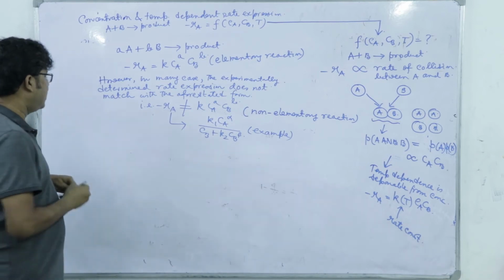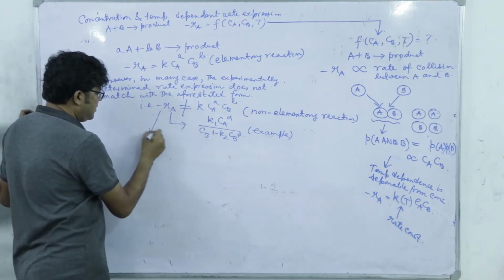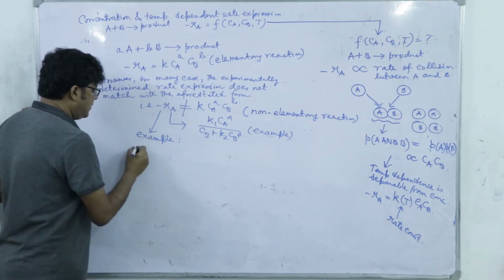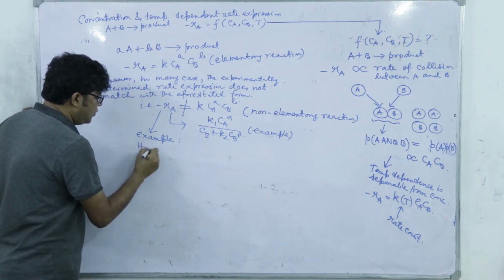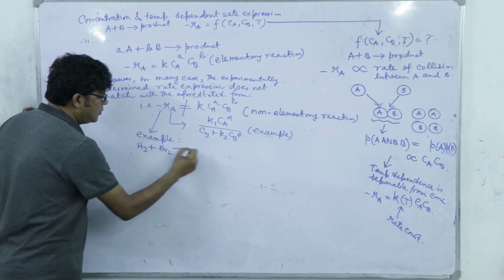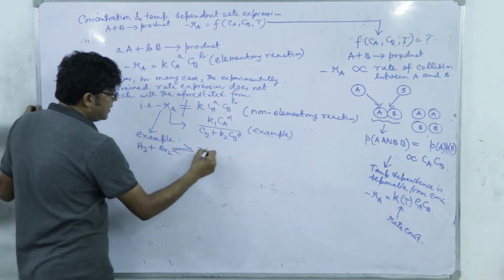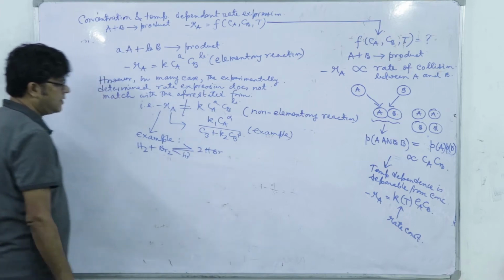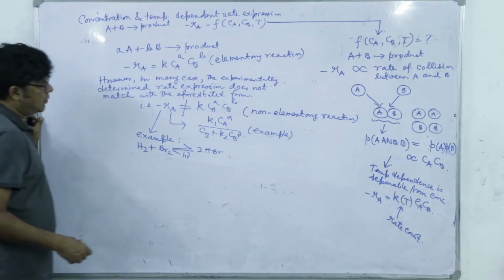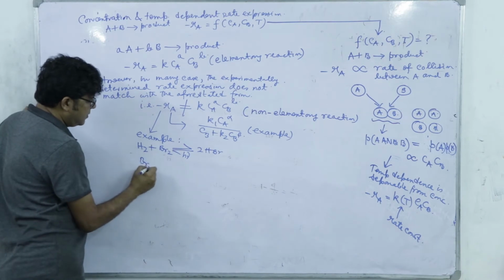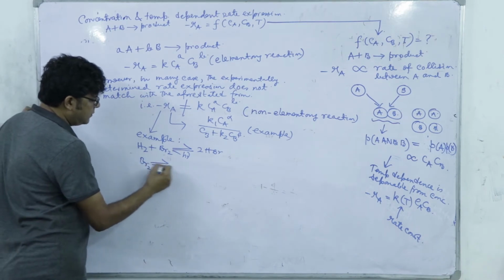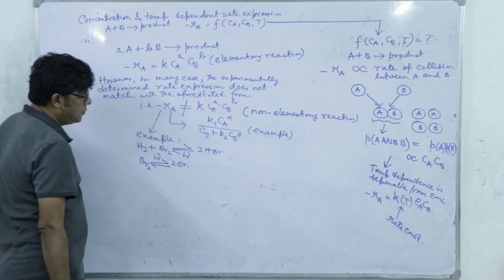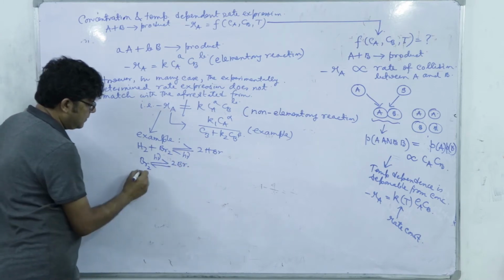Just like the typical example, H2 plus Br2 giving 2HBr, and it is photoactivated. Now you see what actually happens. Bromine, upon absorbing this h nu, breaks down into two bromine free radicals.